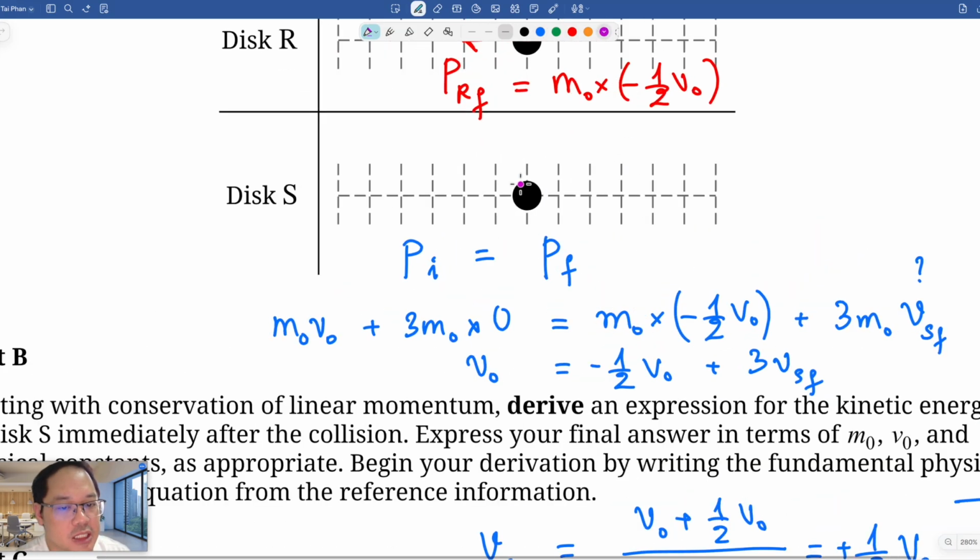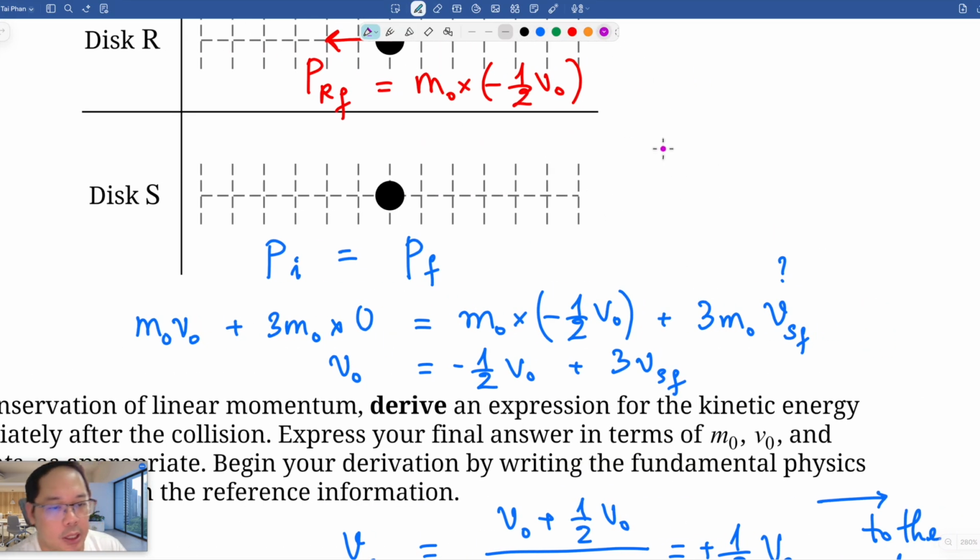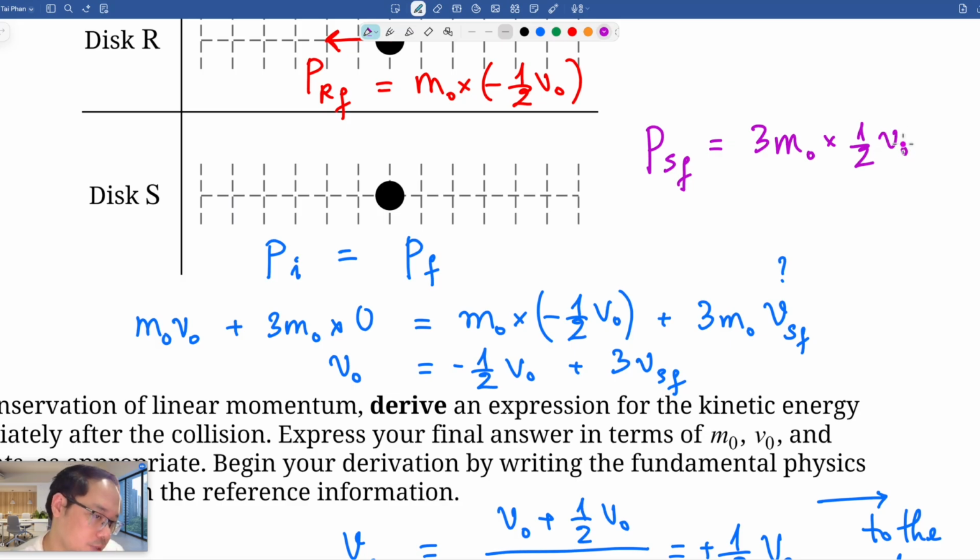Draw the vector which represents the momentum. Momentum of the disk S after the collision is the mass 3m0 multiplied by this speed, which is 1/2 v0, the same magnitude, the same speed, 1/2 v0, but to the right, not to the left like the disk R. So we have 3/2 m0 v0.